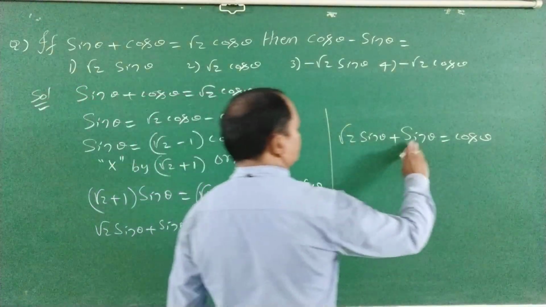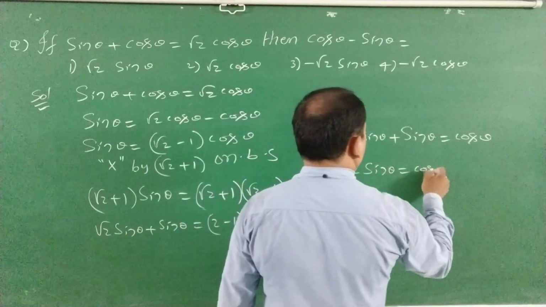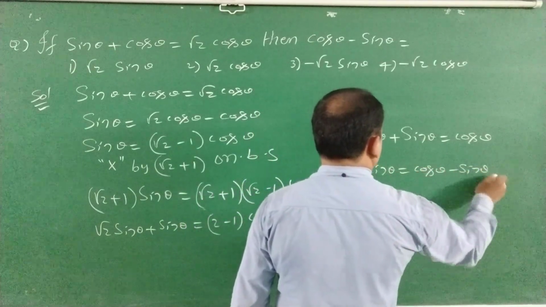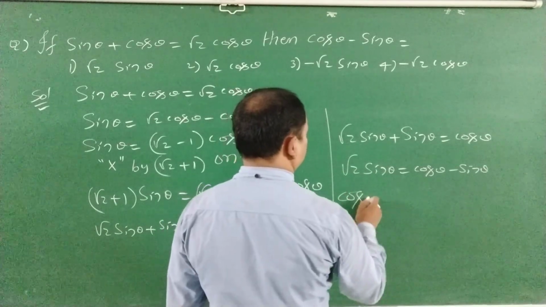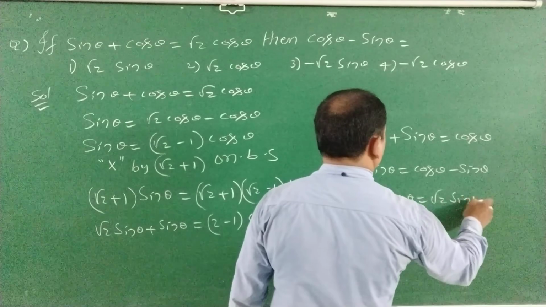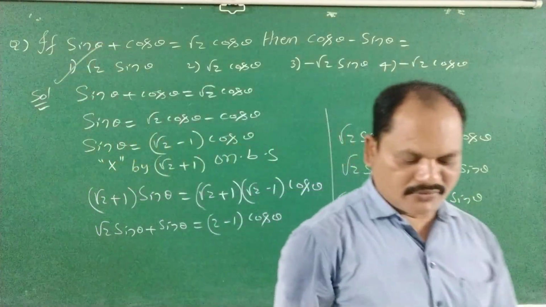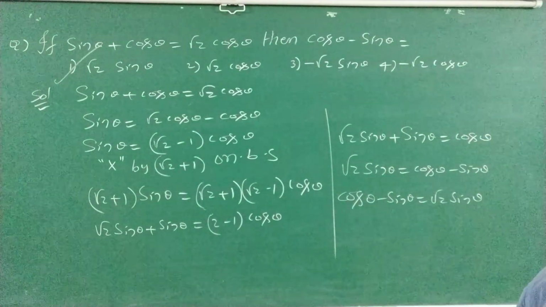Shift to that side: root 2 sin theta is equal to cos theta minus sin theta. That's why the result of cos theta minus sin theta is root 2 sin theta. That is the first option. That's all. Okay. Now we are going to another model.